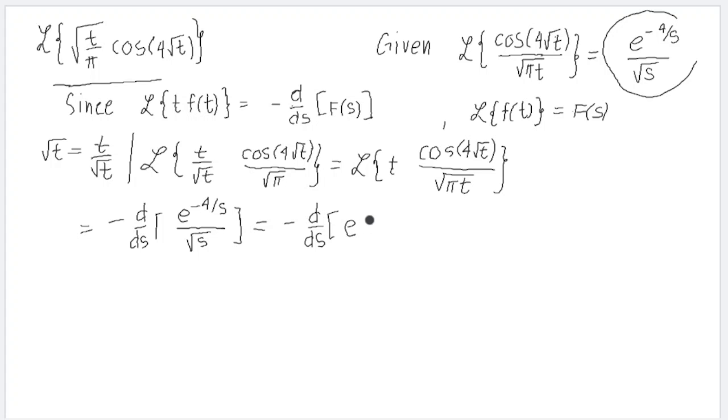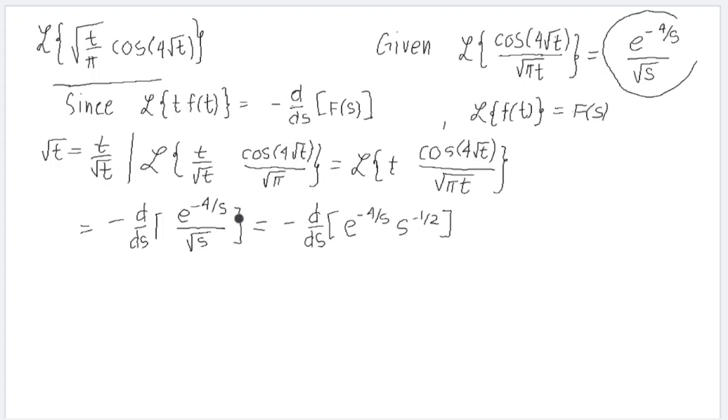We're gonna put e to the negative 4 over s times s to the negative 1/2. The exponent becomes negative because we have to bring the square root of s up, and square root just means 1/2. That's why 1 over square root of s is just s to the negative 1/2.